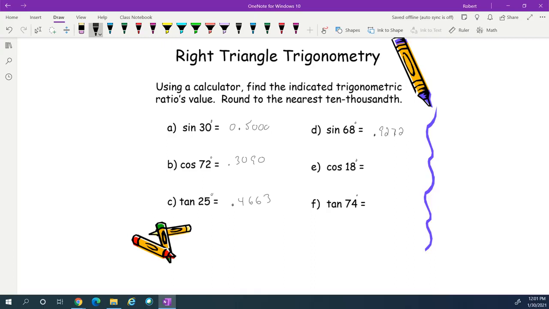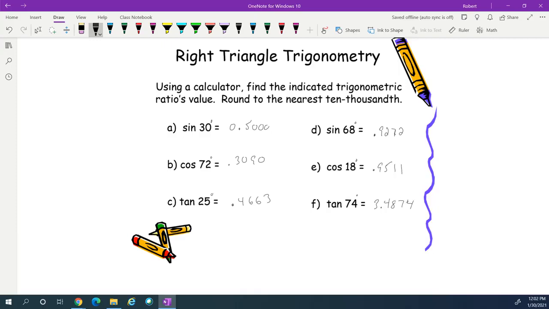Cosine 18 gives me 0.951. And again, I had to round here. 1. And finally, tangent of 74, 3.4874.